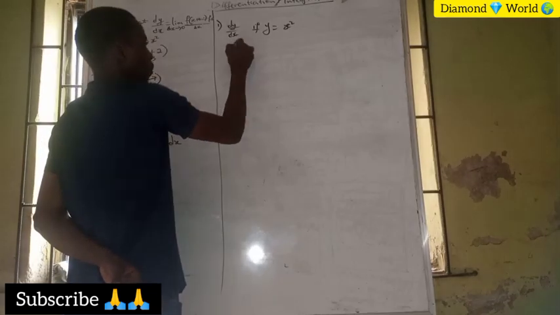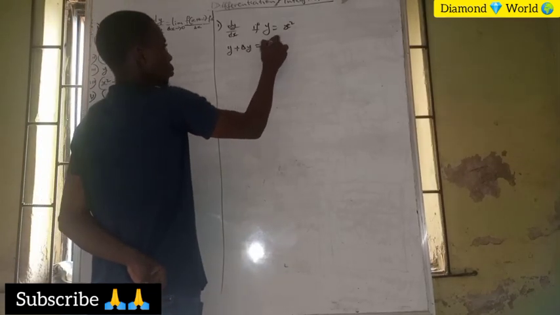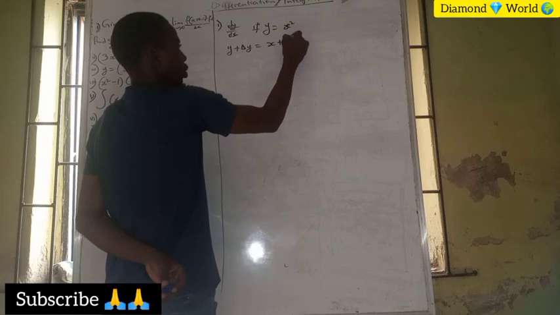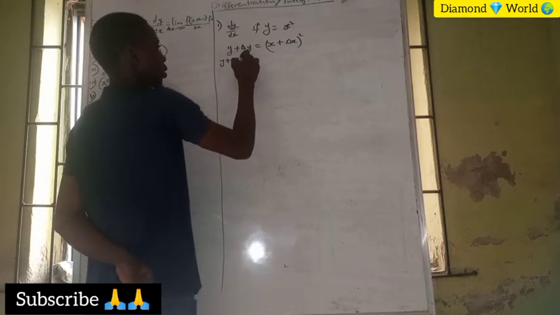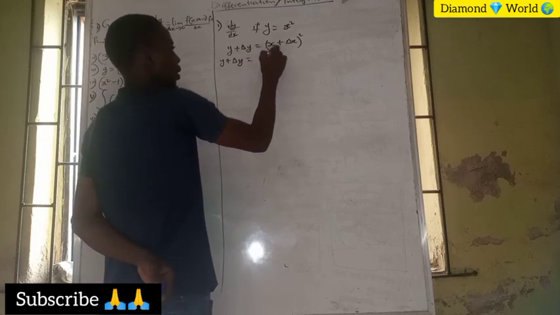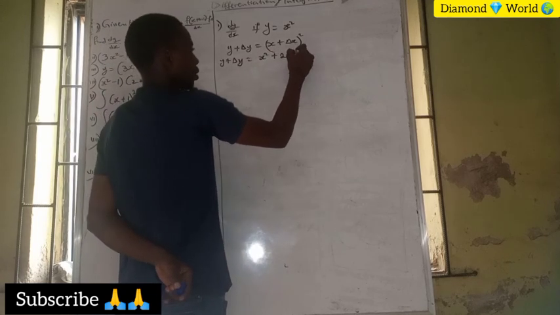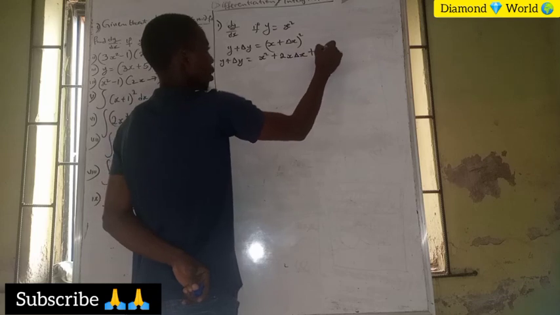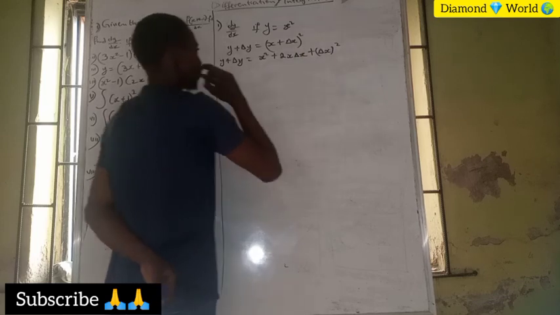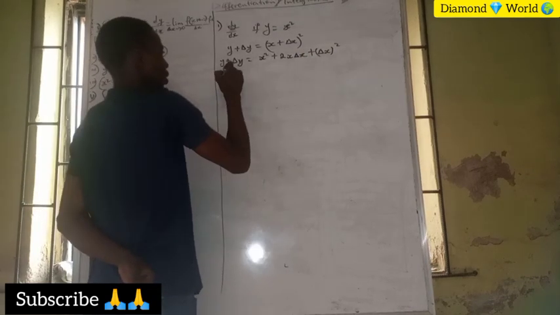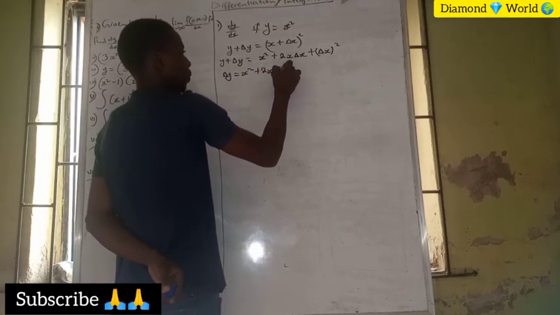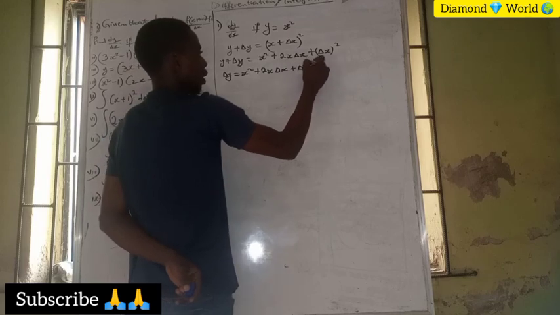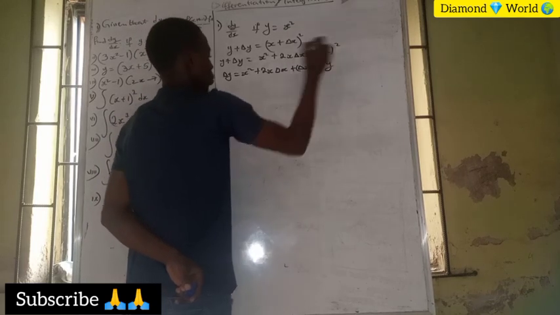That will be y plus change in y equals x plus change in x all squared. So y plus change in y equals x squared plus 2x change in x plus change in x squared. You transfer this to the other side: change in y equals x squared plus 2x change in x plus change in x squared minus y.